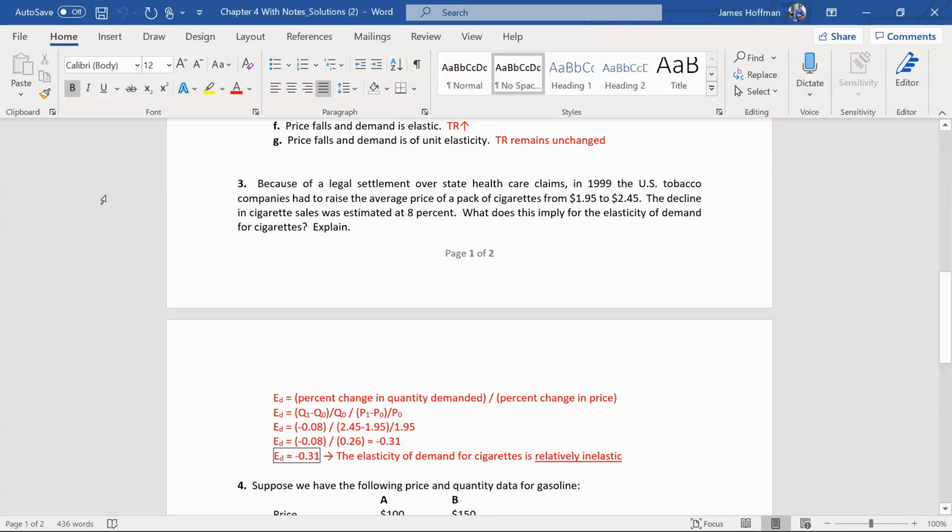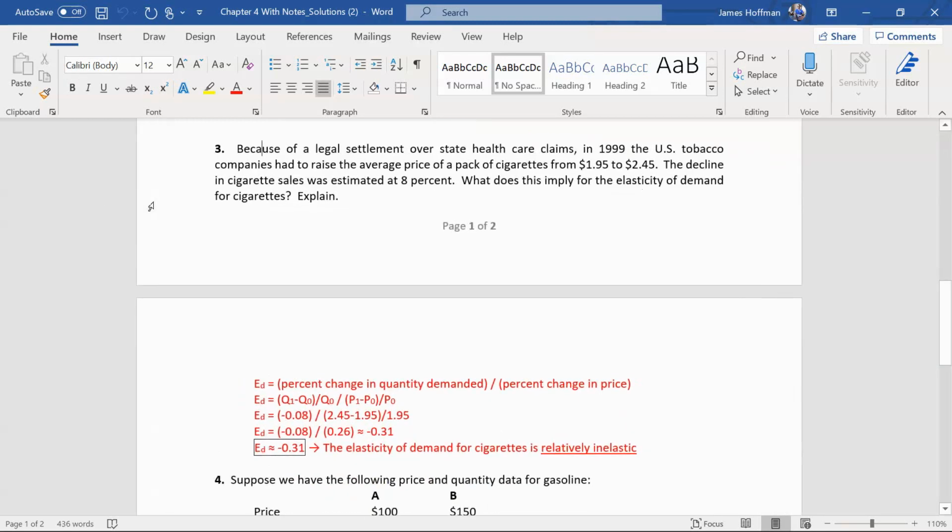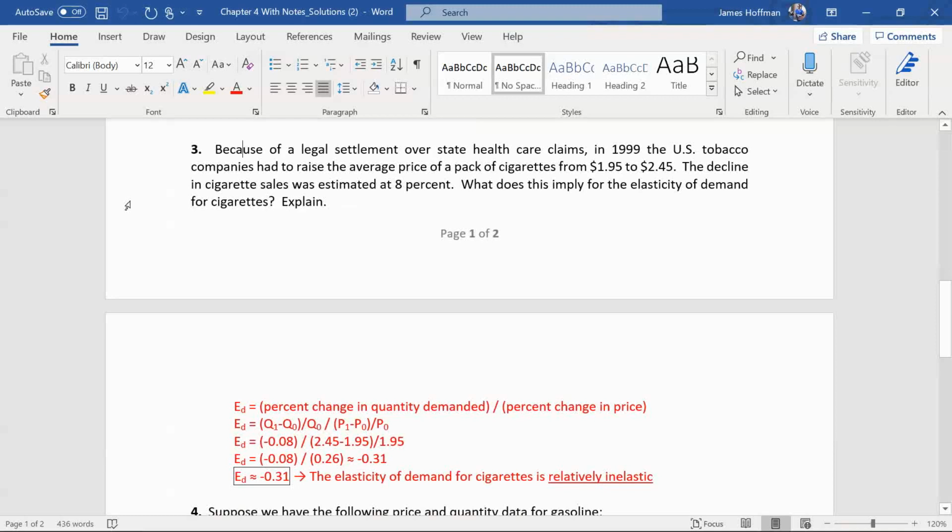Okay, so for the last couple we'll do some calculations of actually calculating elasticity. So number 3: because of a legal settlement over state healthcare claims in 1999, the U.S. tobacco companies had to raise the average price of a pack of cigarettes from $1.95 to $2.45.